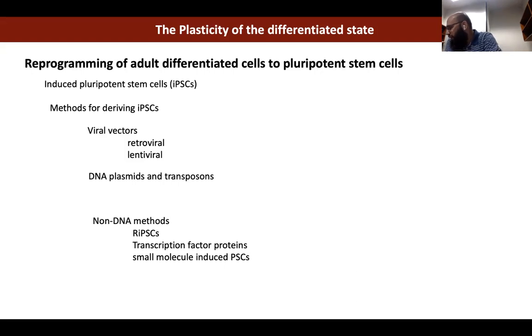And the disadvantage, as we discussed earlier, is that these vectors, the retro and lentiviral vectors, integrate into the host genome, and you cannot control where they integrate, and that's why they can lead to damaging or deleterious effects on the cells. Secondly, the lentiviral vectors have these long terminal repeats that remain active in the host genome, and they have the ability to recombine, and they can change places.